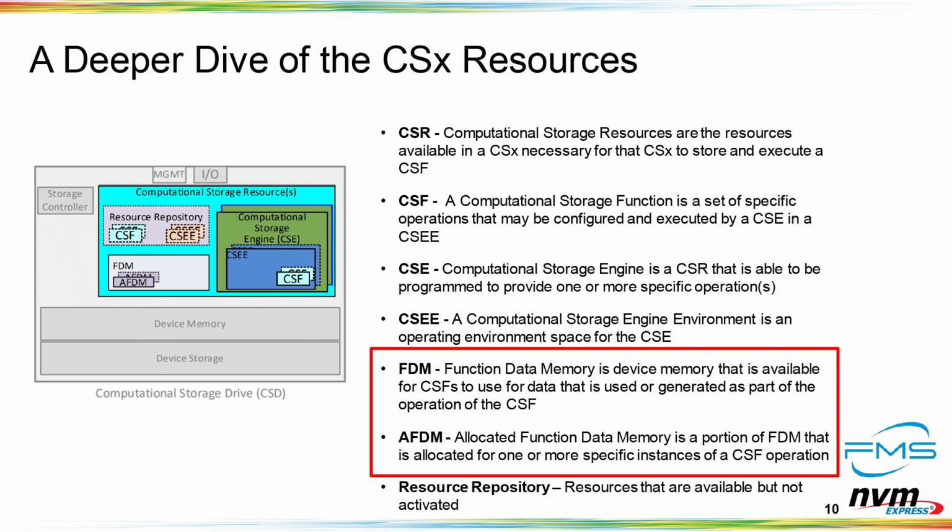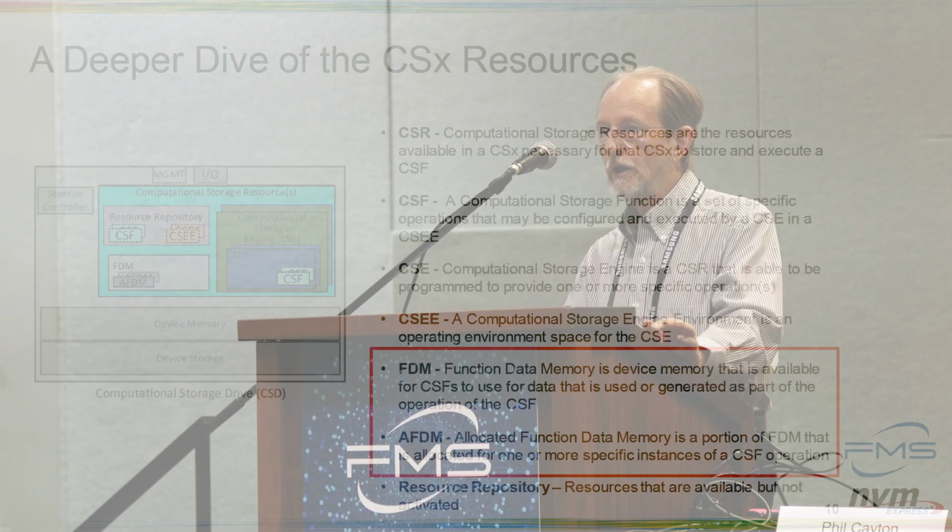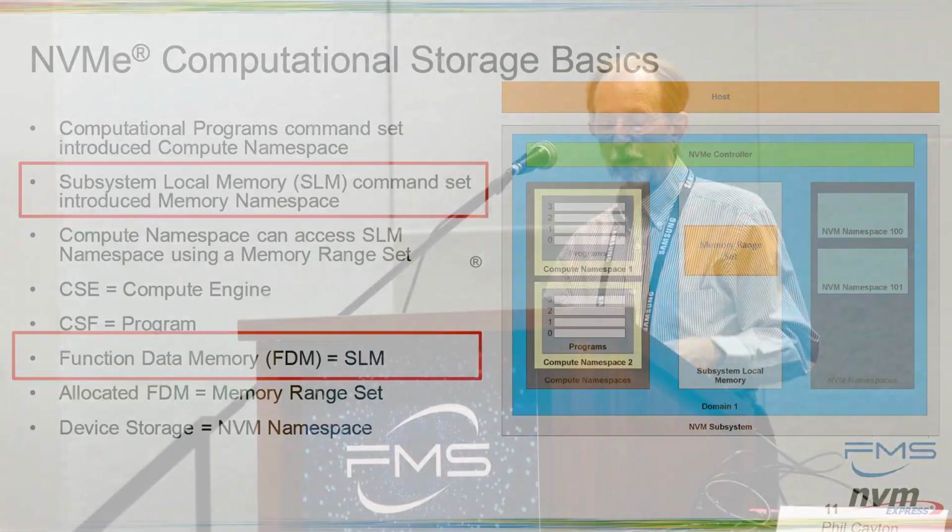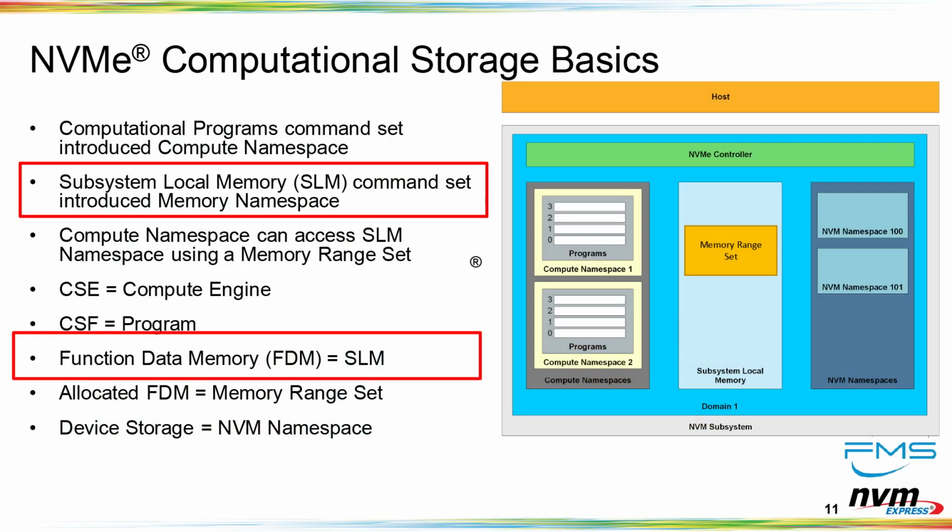In the SNIA model, that is called the function data memory, and you have the ability to allocate function data memory within that model. So we're talking about how you access that memory. In NVMe computational storage, we're using what's called subsystem local memory.